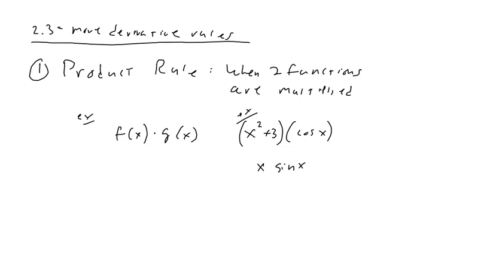This x part is like f, and the sine part is like g. And they're multiplying each other together, f times g, right? Here, this piece is like f, and this piece is like g. Two different distinct functions multiplying each other together.